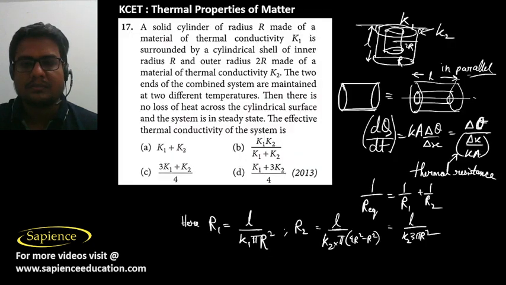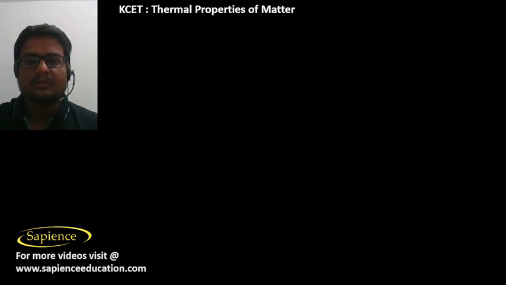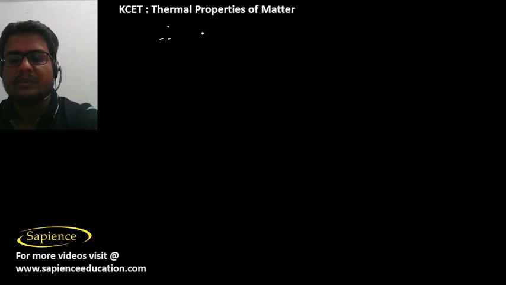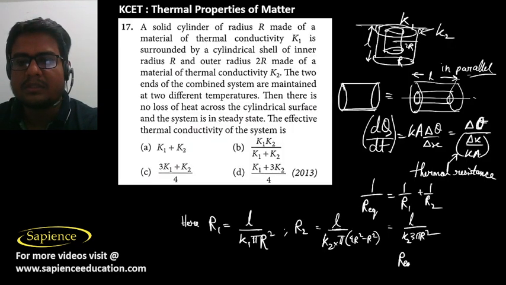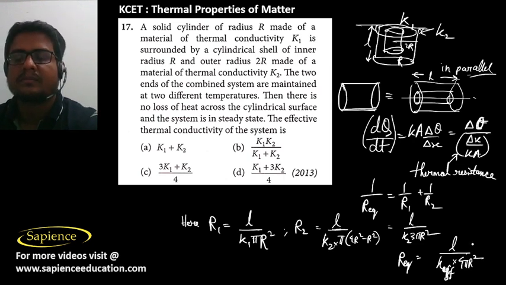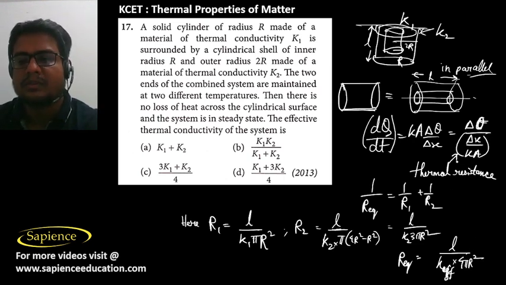Therefore, the effective thermal conductivity of the system. R equivalent I can write as L by K effective, which is the effective thermal conductivity, into A. Area of cross section will be 4 pi r square, that is pi into 2r whole square.